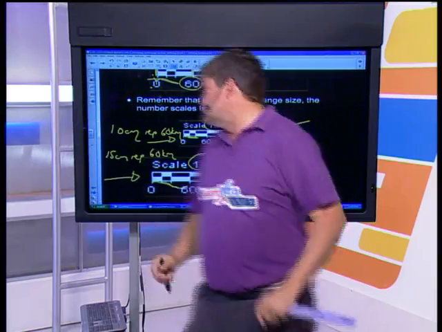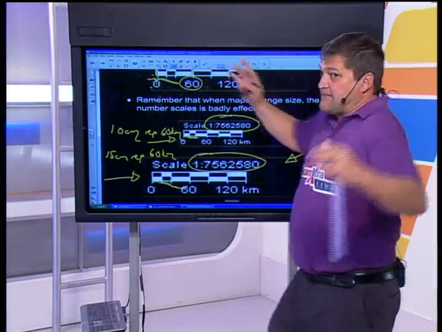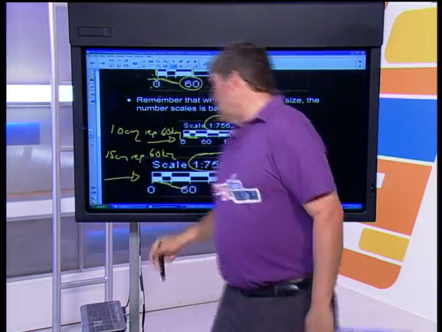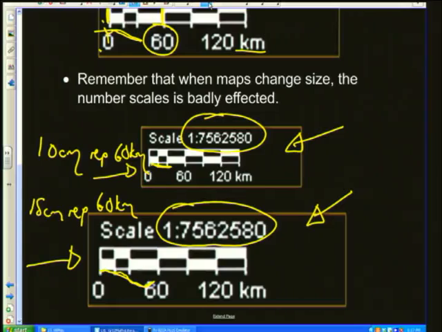Okay? So as my maps increase, so my bar scale is going to increase. As my map decreases, so my bar scale is going to decrease. The numbers, though, don't change. They stay the same numeric value, which is kind of a problem.